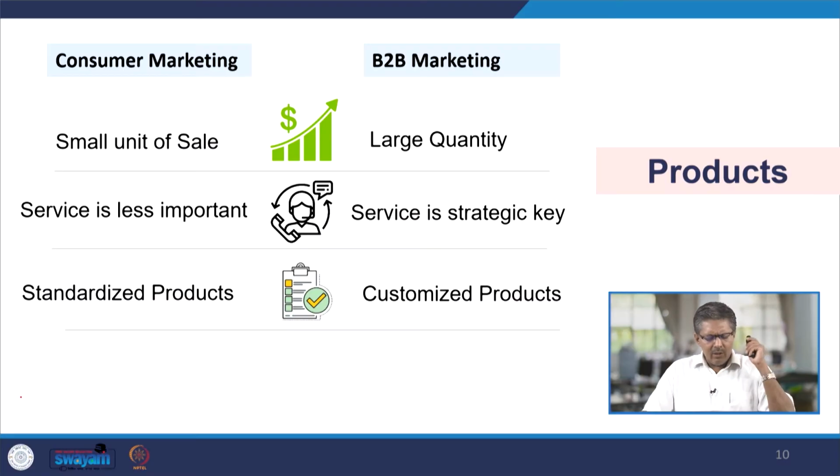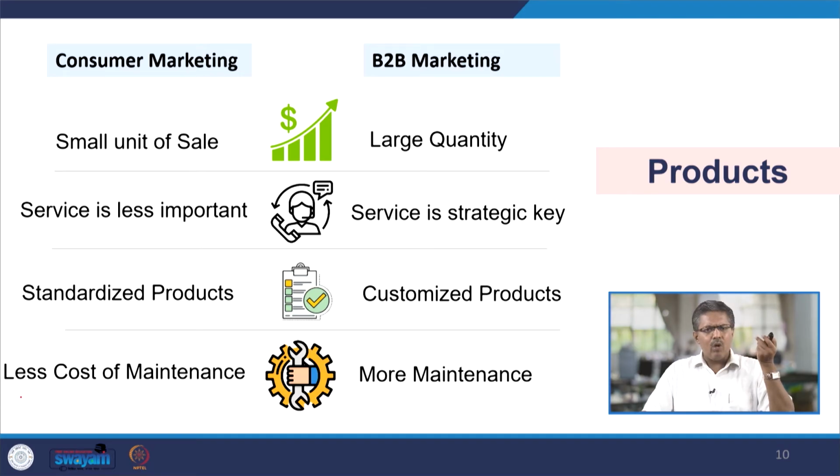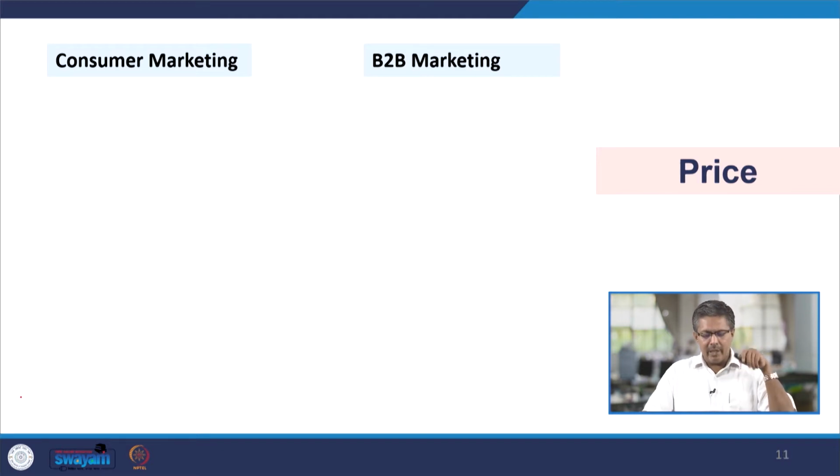All these things they are using just to ensure that their product is always promoted by these people who can have a direct influence, like the mechanic or the garage owner or anybody, right. So, standardized and customized products I have already said, and here the maintenance cost again becomes another important factor. So, that is why service becomes an important key factor in the B2B market.